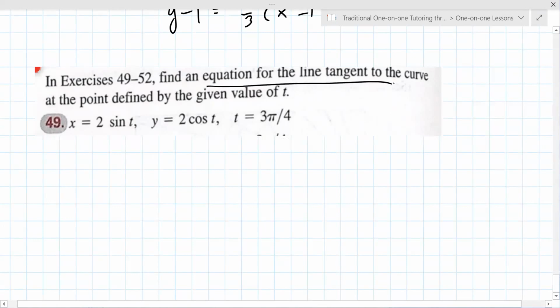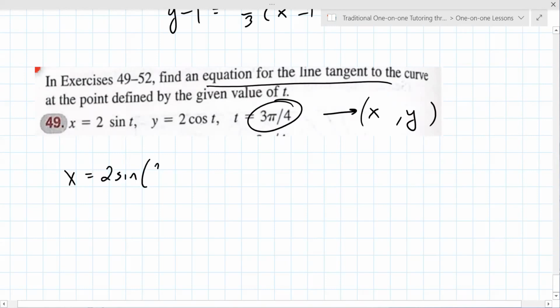So actually, this is somewhat similar to what we just did. They give you t, but you need an x and a y. So you get x from this equation. So x is 2 sine 3 pi over 4. So you have to know your unit circle. Oh, Lord. Yeah. So sine 3 pi over 4 is square root 2 over 2.